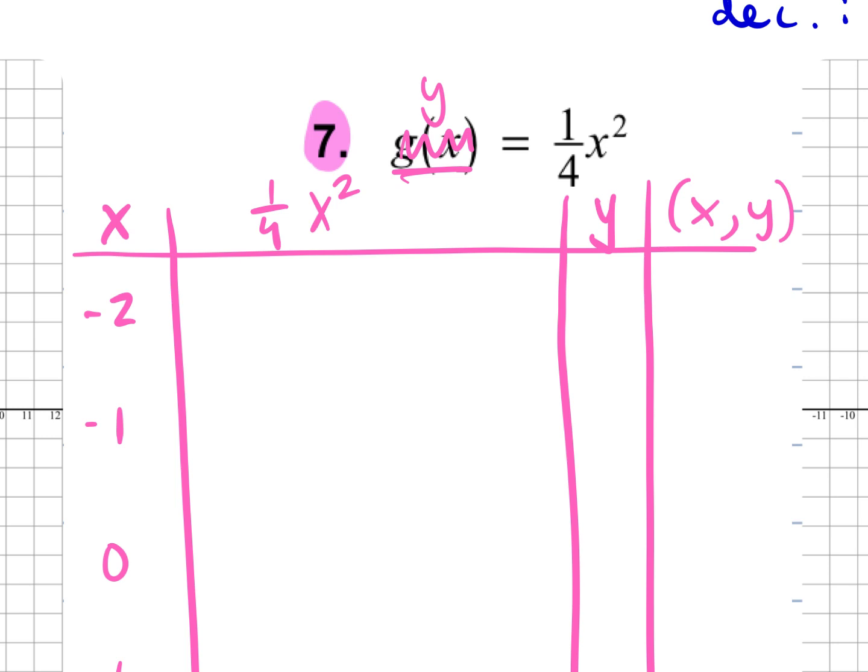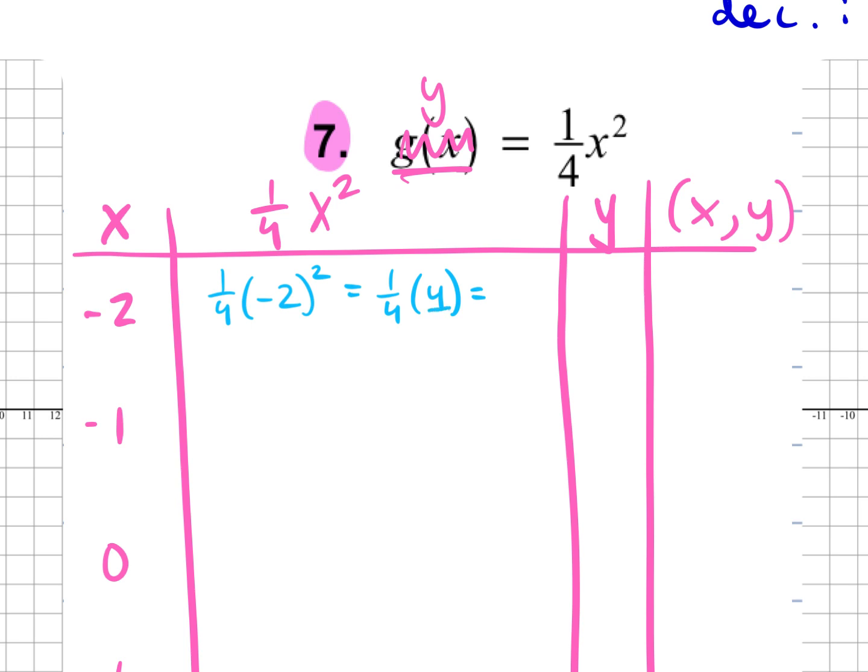So let's start by plugging in -2. We have 1/4 times -2 squared. What do we do first? Parentheses or the exponent here. So what's -2 to the second power? -2 times -2. Positive 4. Be careful on the quiz tomorrow. What's 1/4 times 4?